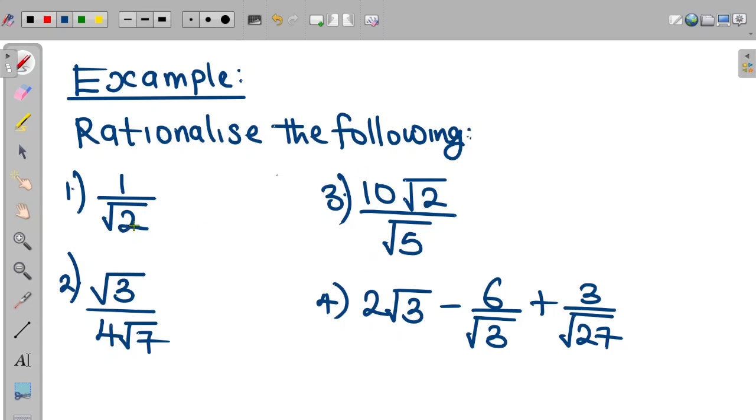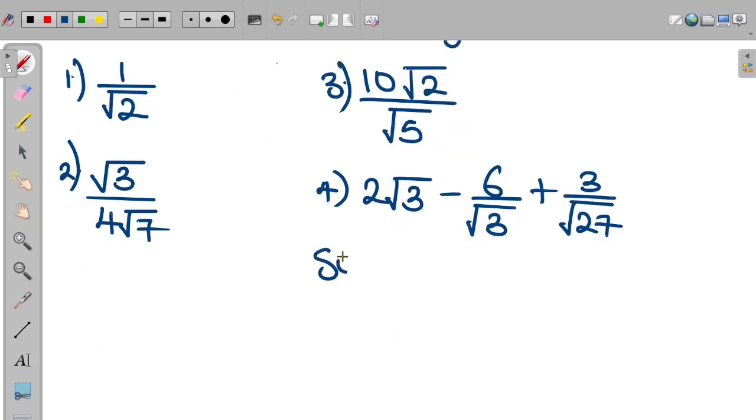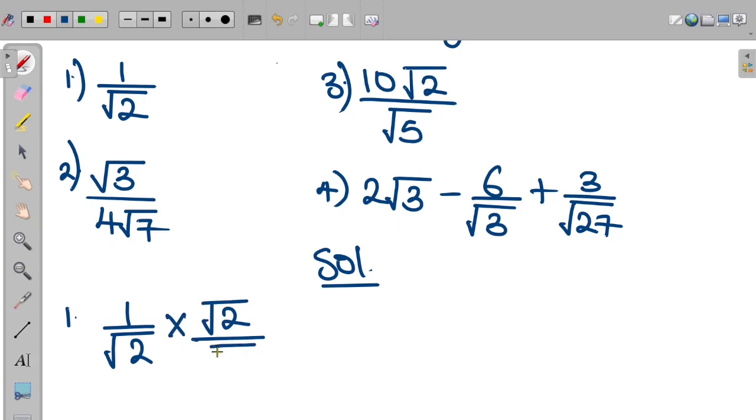Now let's start with the first question. For number 1, we have 1 divided by root 2. Remember that the idea here is that we multiply the numerator and the denominator by root 2. So we multiply by root 2 over root 2.